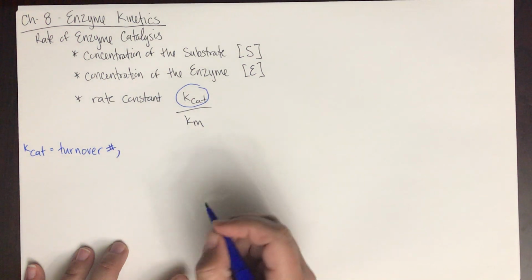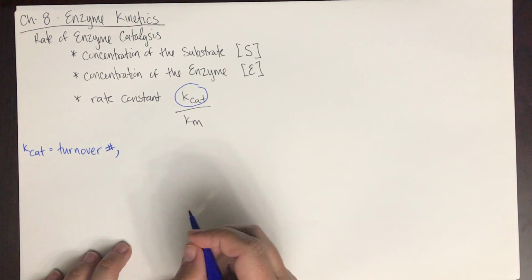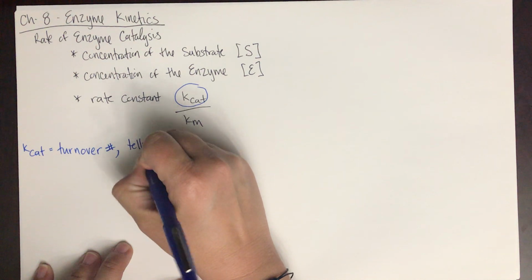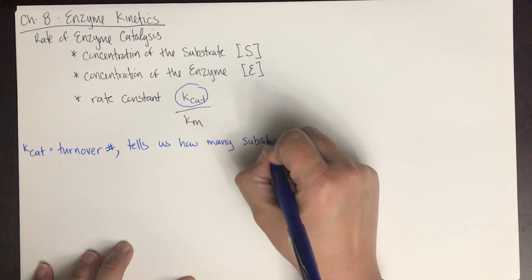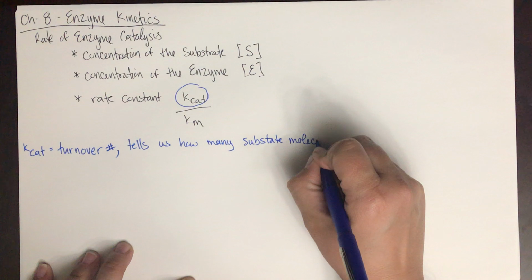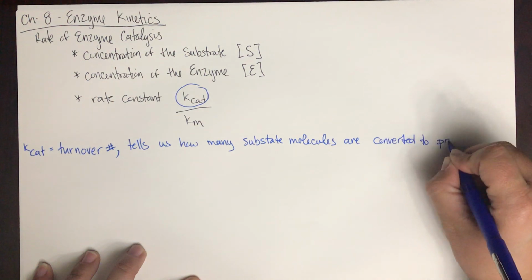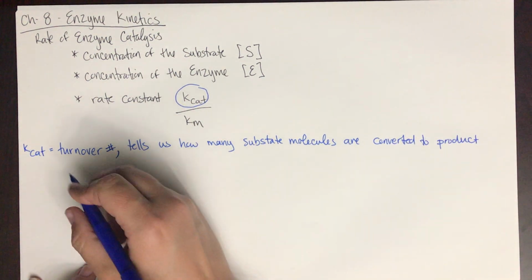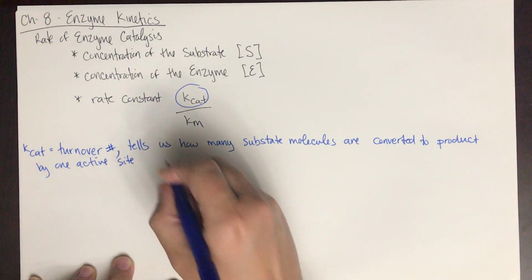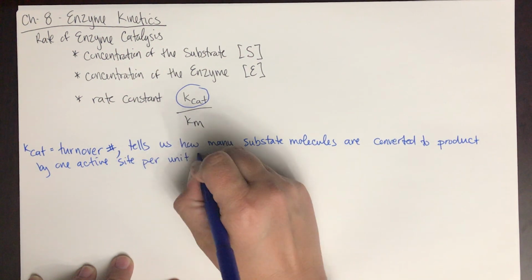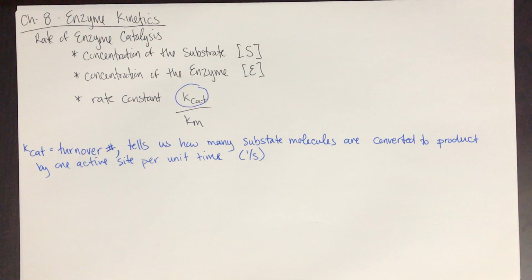So the turnover number tells us how many substrate molecules are converted to product by one active site per unit time, which is usually seconds. So that's the Kcat, the turnover number.